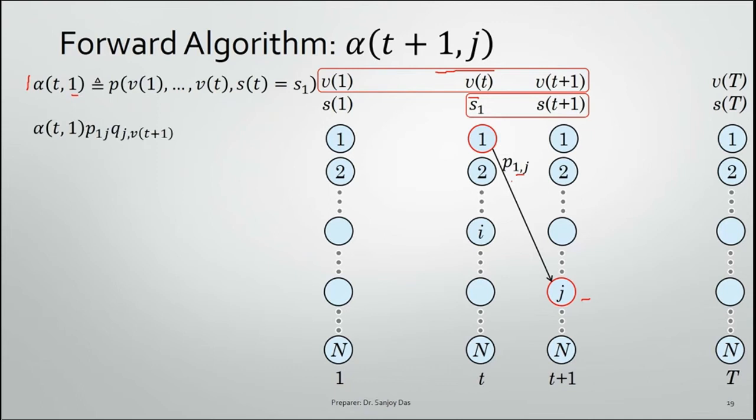And the probability of outputting vt plus 1 is qj vt plus 1. So the whole probability is this product, alpha t1 p1j qj vt plus 1. And that's visually shown in these two plots, with St being equal to S1.